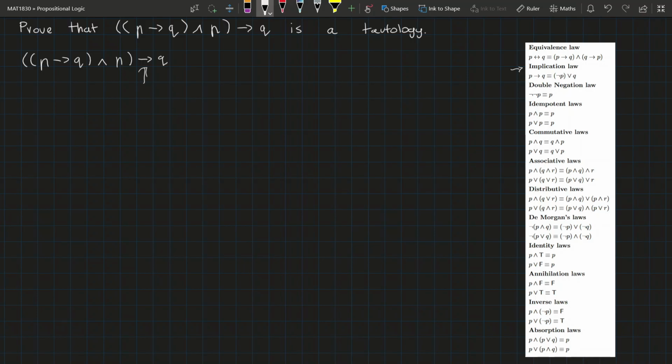So we can apply this logic law now. And we have to also write which law we used. Alright, so the next one I see is this not on the outside. So if we look here, we see the De Morgan's laws, and we can basically use this now.